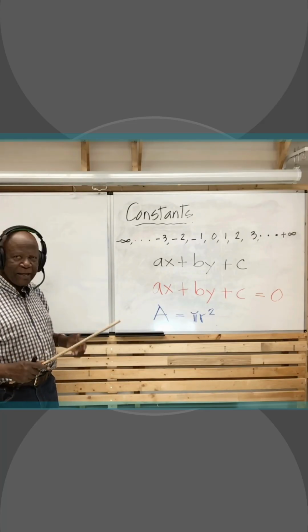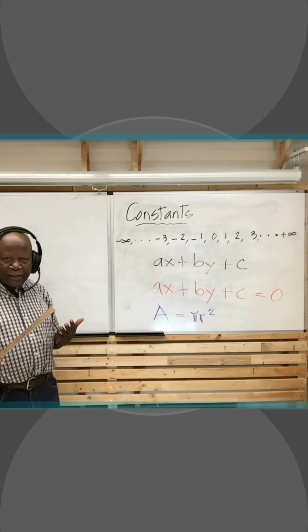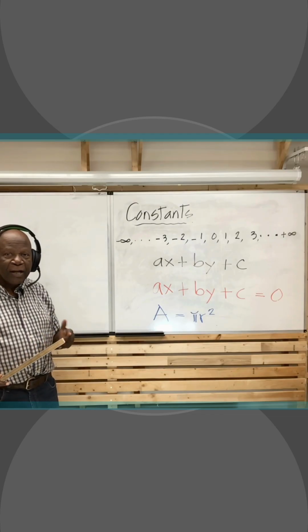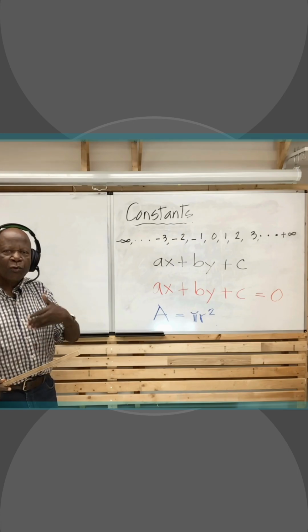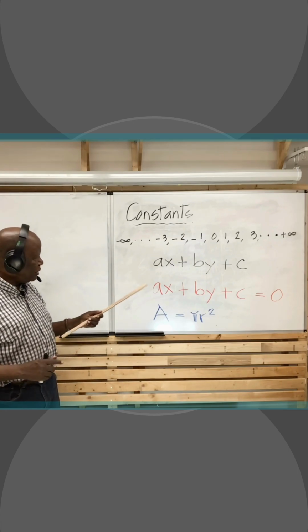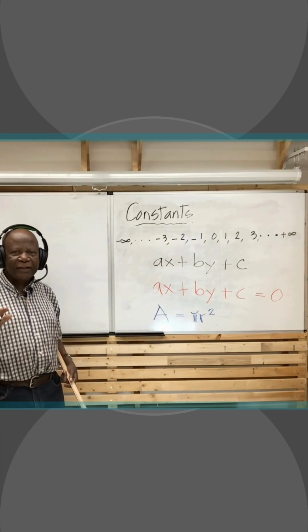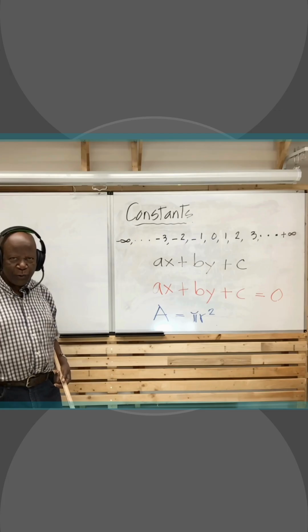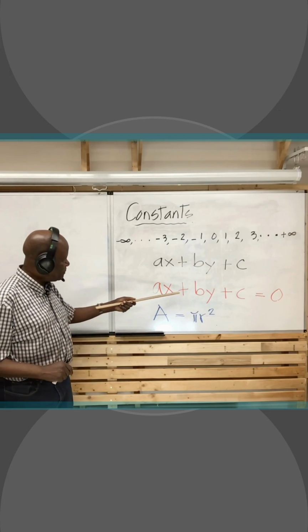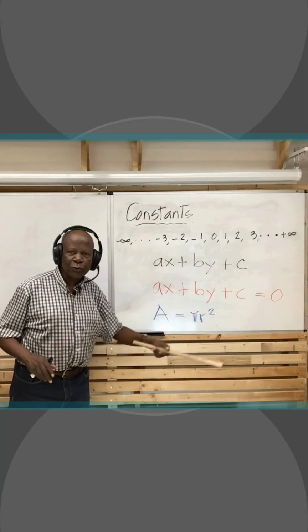Okay. Then also they serve as parameters, especially when it comes to an equation. Example, look at this equation here, which is the standard form of a linear equation. Ax plus by plus c is equal to 0.